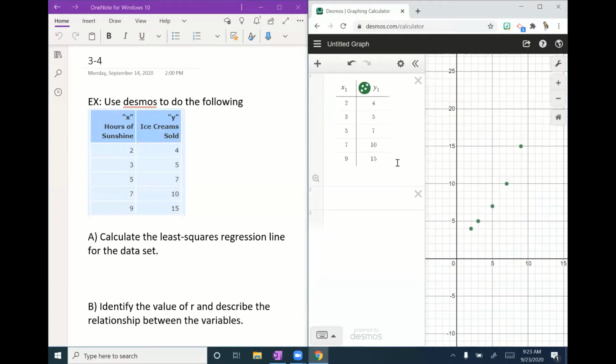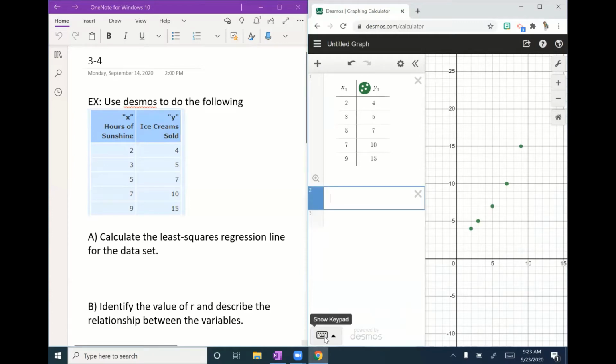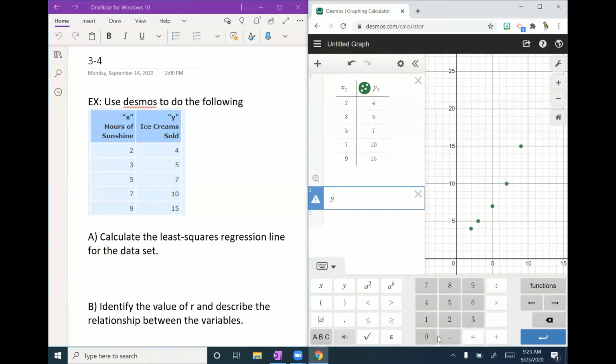Then I want to write the regression line. So remember that for the regression line, we're typing in Y, and then we're going to use the tilde button, which is underneath the alphabet.